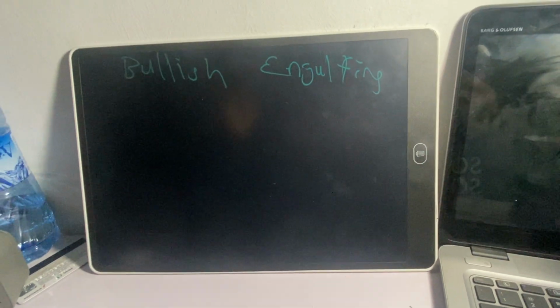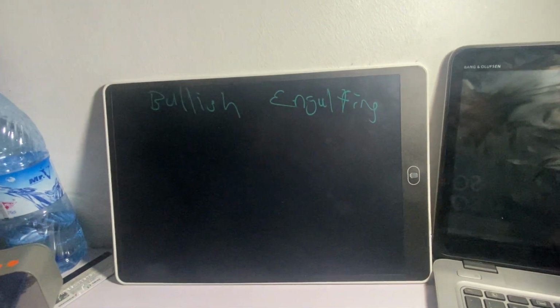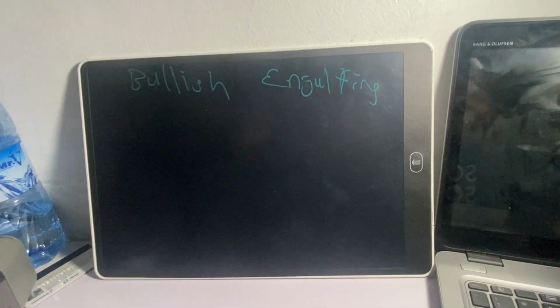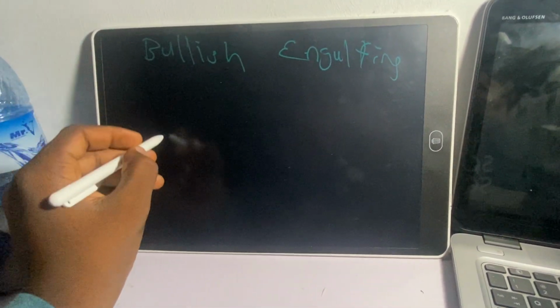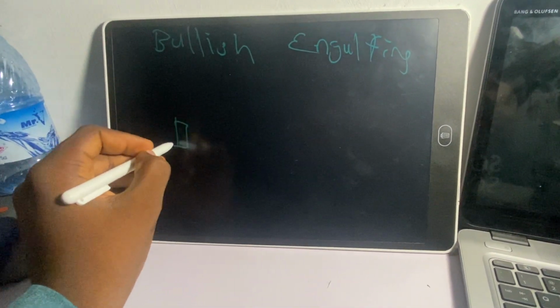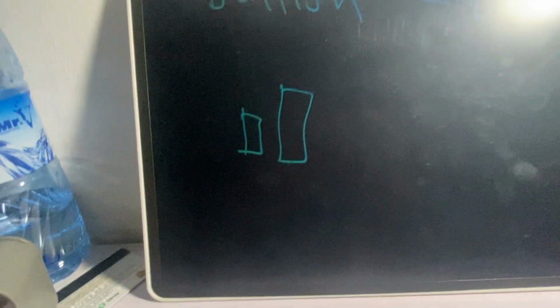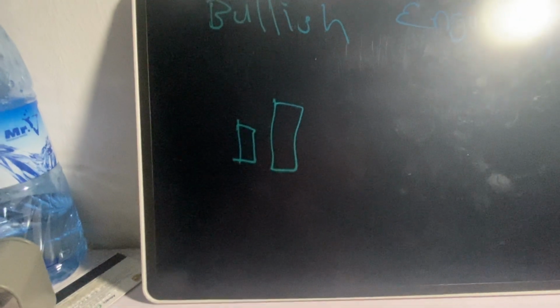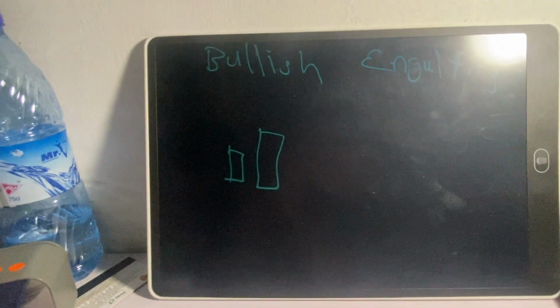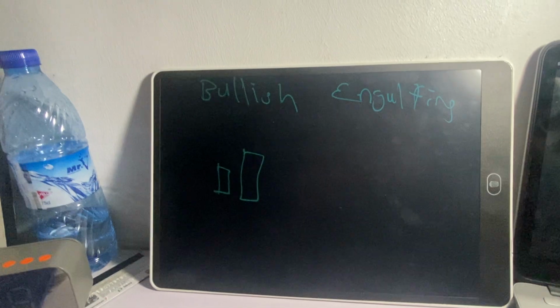The first one, which will be the smaller candle, and the second one, which engulfs it totally, which is the bigger candle. So now, the bullish example involves two candles, and this is the example.